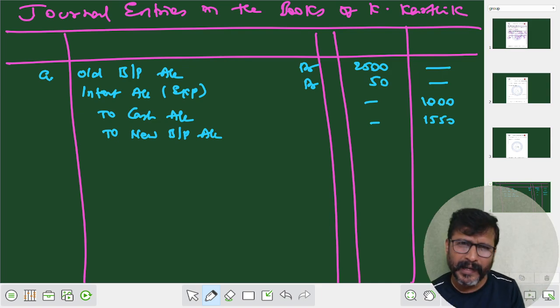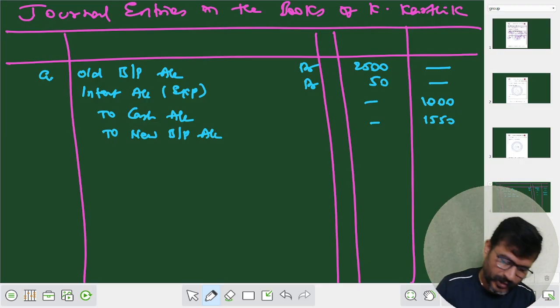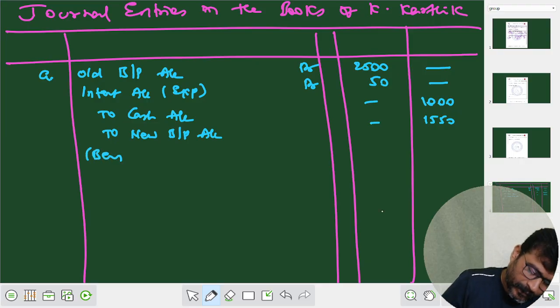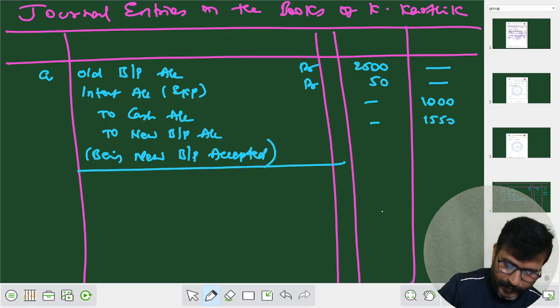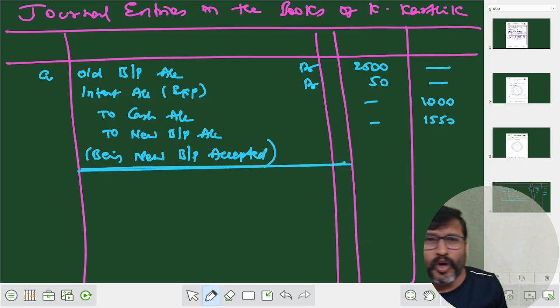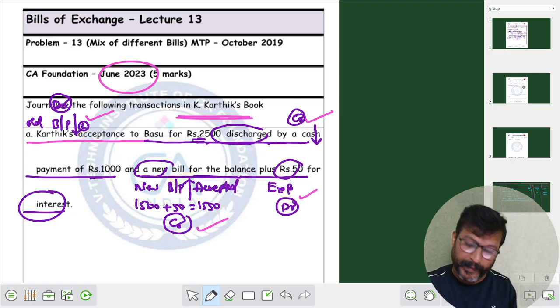I combined and passed a combined entry. Some people will pass two separate entries for this, but I combined both, being new BP accepted. Did you get it? Shall we move on to the B point?